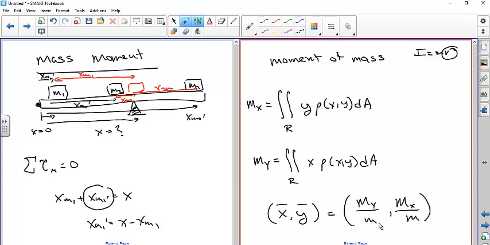So we've calculated the mass. We did that in the previous example. So what we need to do now is calculate these moments of mass around the axes.